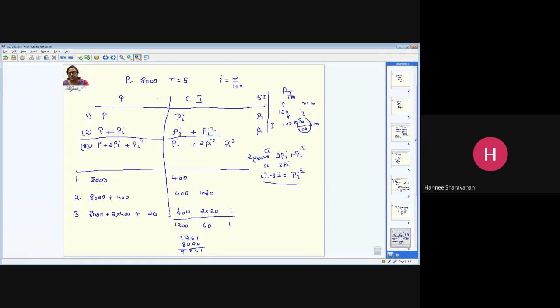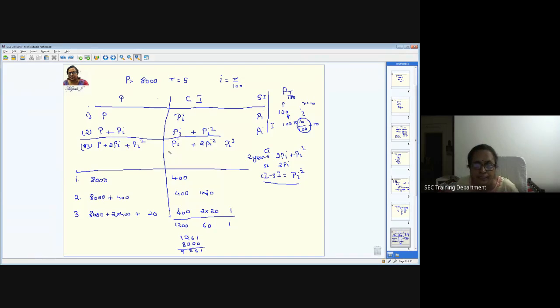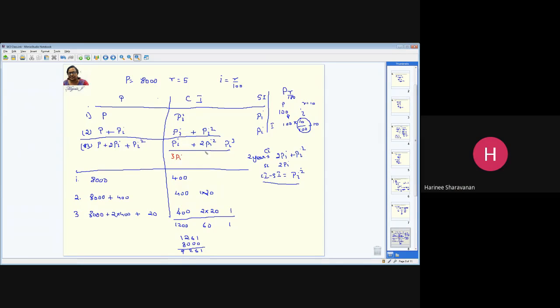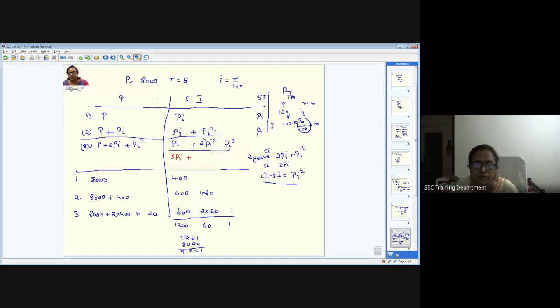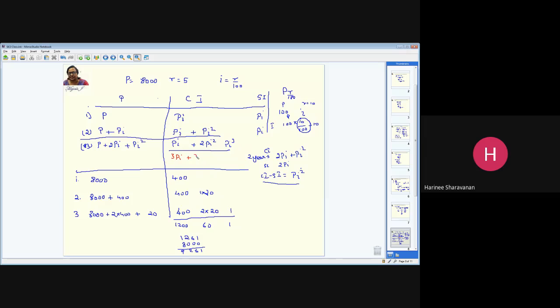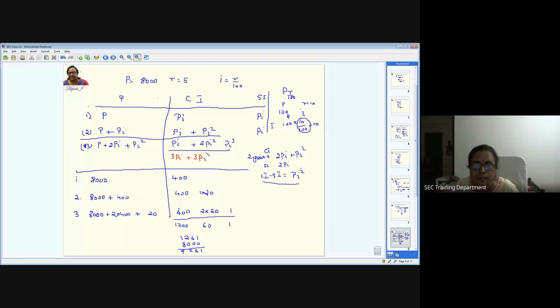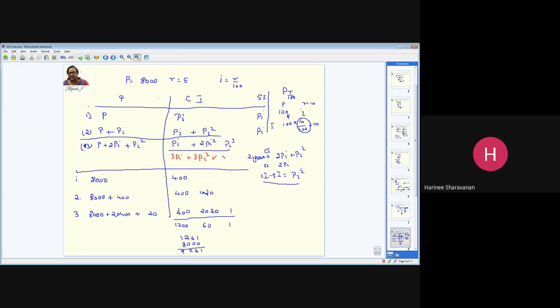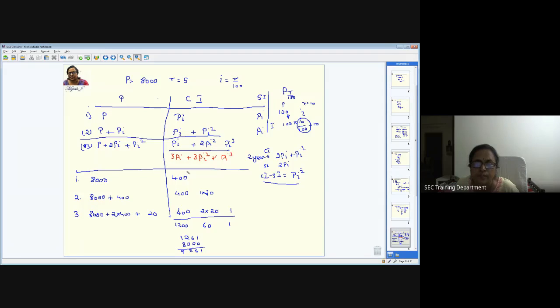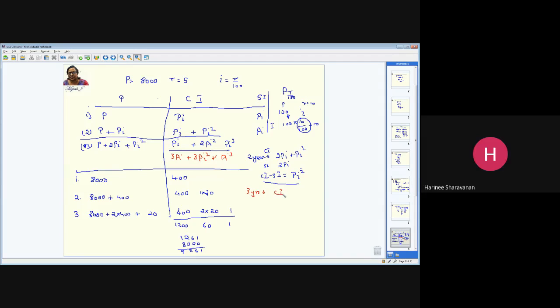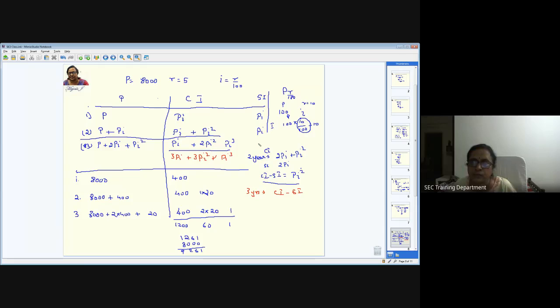3 PI. You can add here itself. Let me add here, I'll put it in red. This is 3 PI, plus 3 PI square plus PI cube. And what will be the simple interest for 3 years? 3 PI, because one more PI will come here.